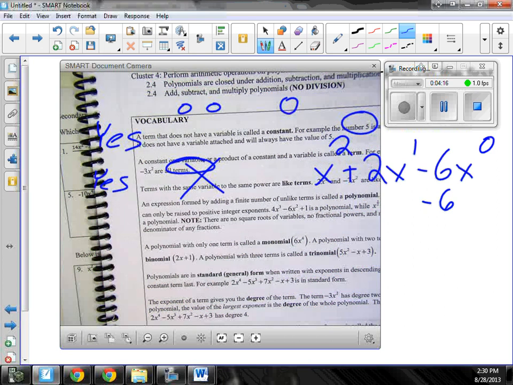So the book doesn't give a very good definition. It should have just said whole numbers. Well, in its case, it should have just said natural numbers. But actually, whole numbers is true because if you raise anything to a 0, it's just 1. And that's still a polynomial.